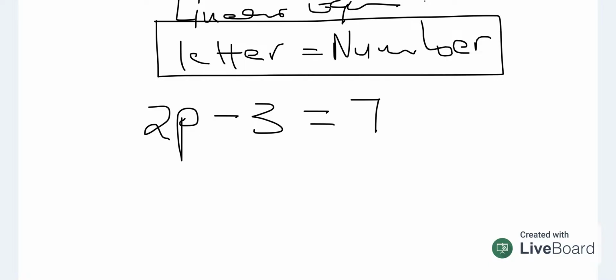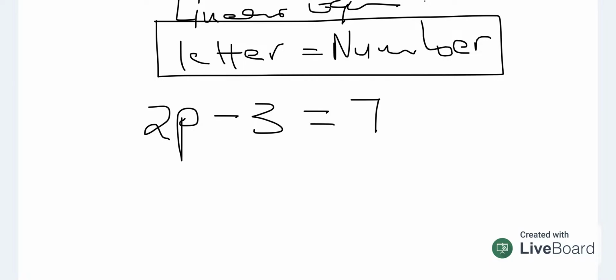Firstly, ask yourself a question. Is this an equation or an expression? It is an equation because it has an equal sign. Okay, what type of an equation is it? Is it a linear equation or is it a quadratic equation? It is a linear equation.